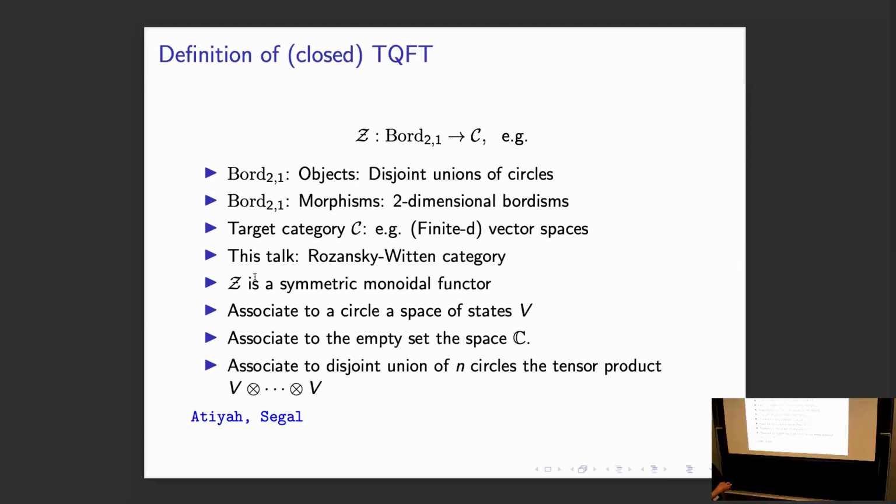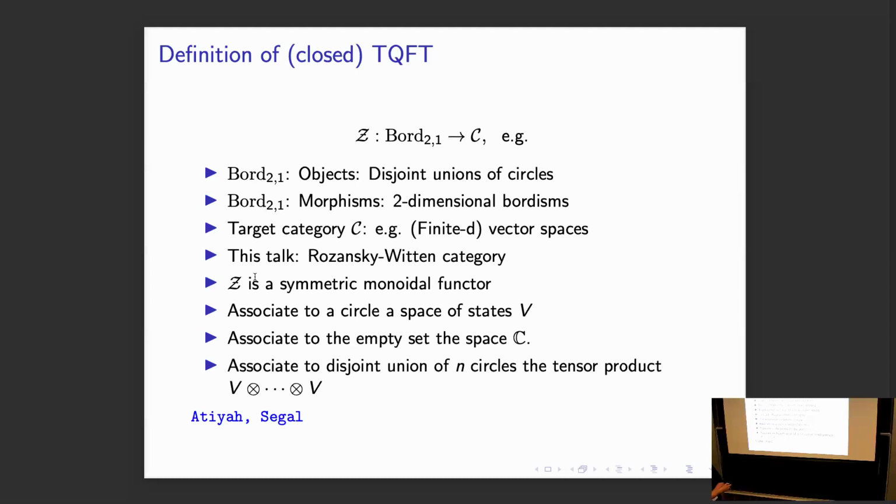Then Z is a symmetric monoidal functor between these two categories. So in particular, this target category needs to have the required structure, so some monoidal products and gradings and so on.